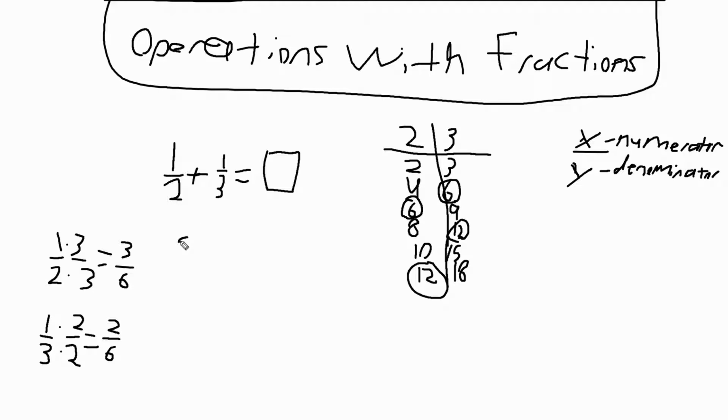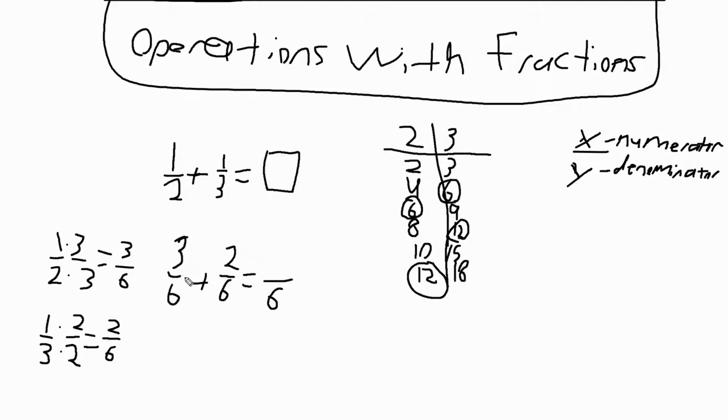We just write it out again, so 3 over 6 plus 2 over 6 is equal to, now you might be thinking we add both these numbers, so it'd be 5 over 12, but what we want to do here is just keep the 6, so the numerator is the only thing that changes.